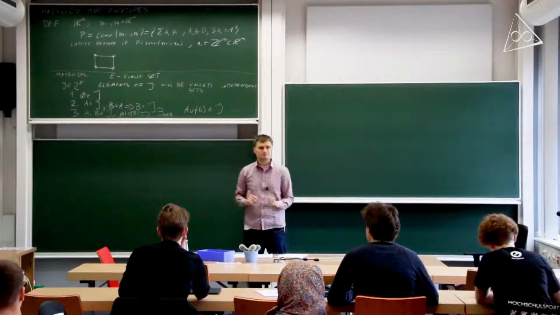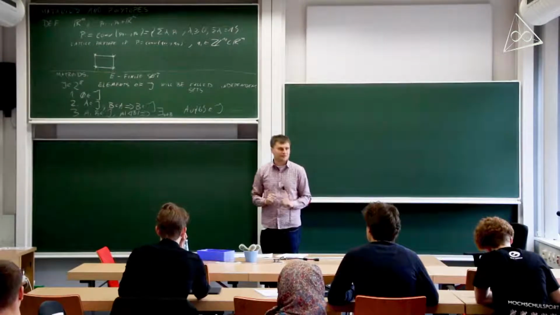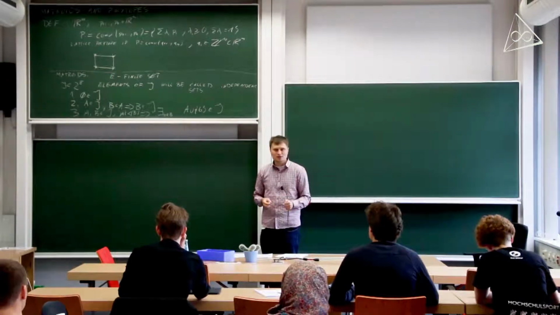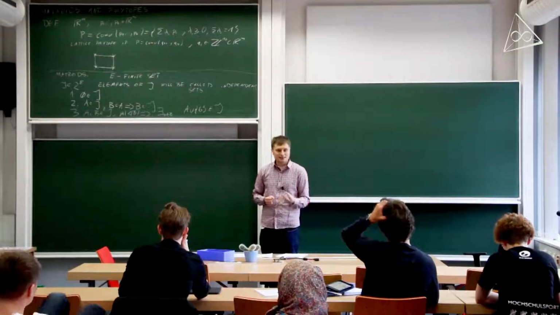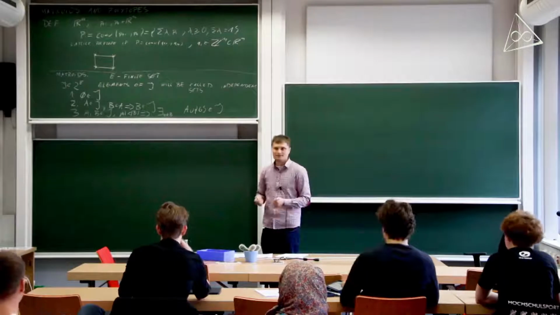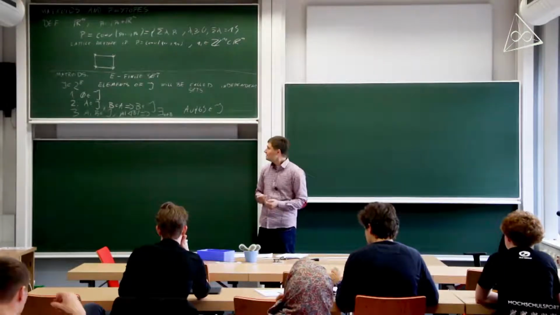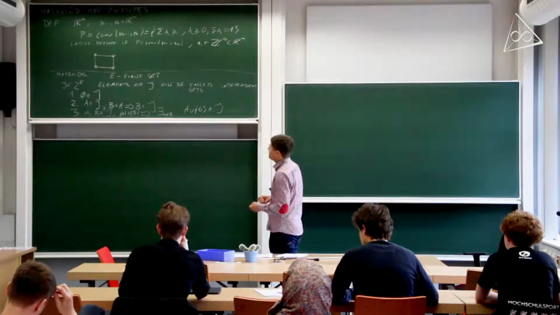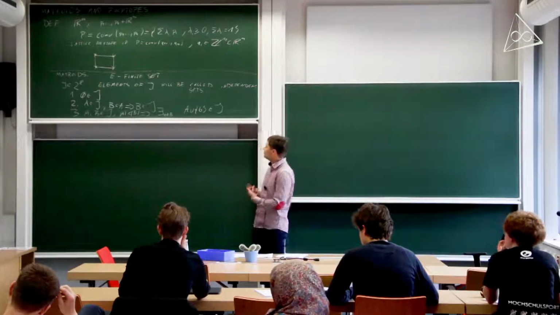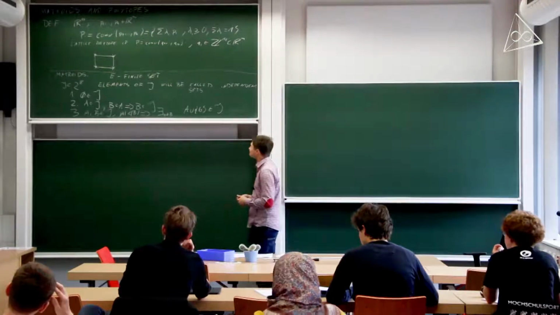That's all, these three axioms. You have to be able to extend a small independent set by an element. And this already, as we will see, gives a really, really rich structure.